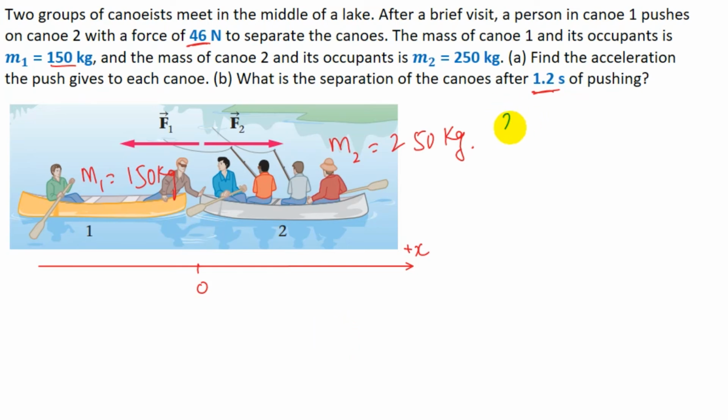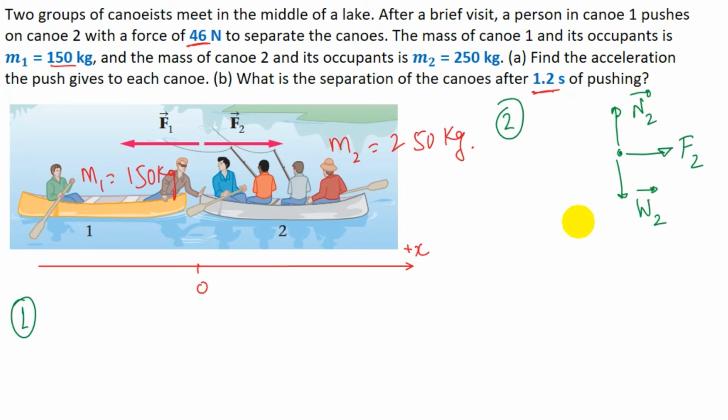Here I'll be drawing the free body diagram for canoe 2, and here for canoe 1. We're going to consider each to be a point object. Then this is the direction of force on canoe 2 from canoe 1. So this is F2 here, and the weight force in the vertically downward direction W2, and the normal force N2 in the upward direction. This would be the free body diagram.